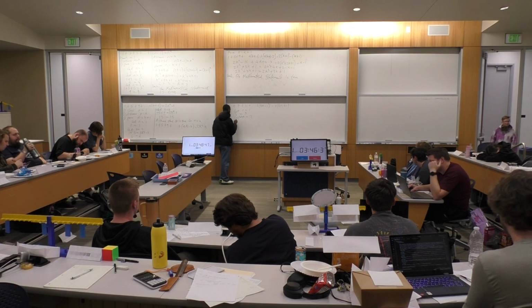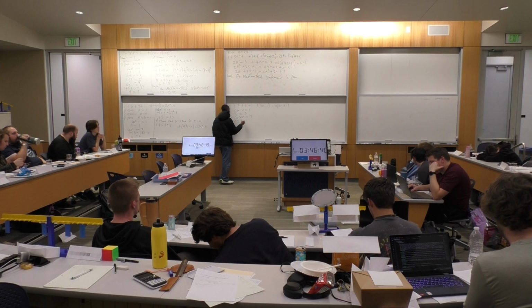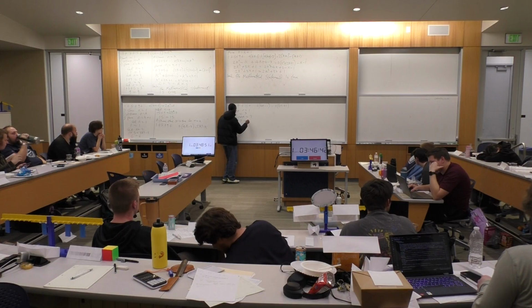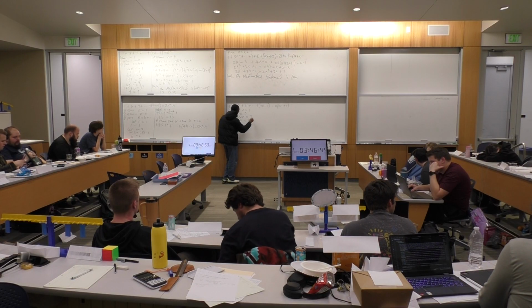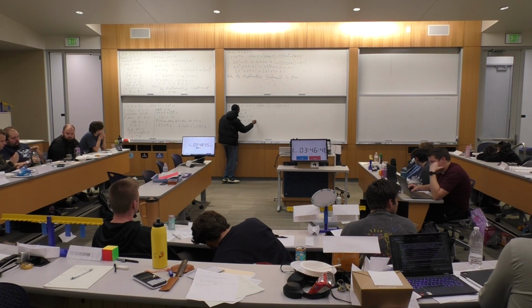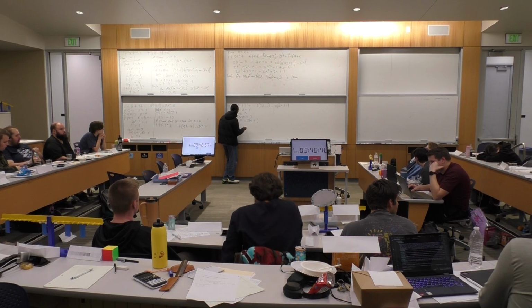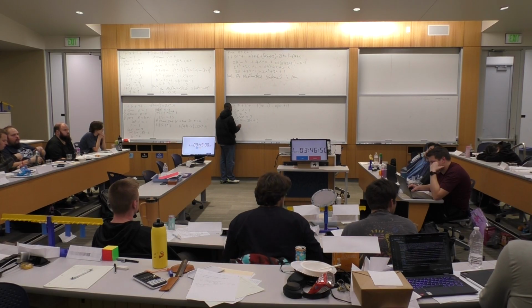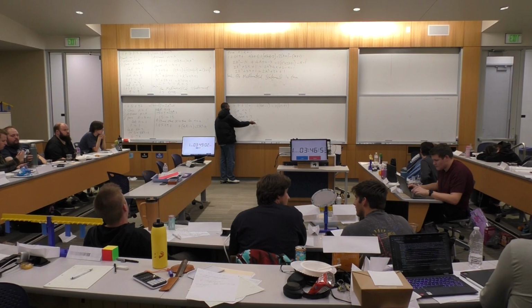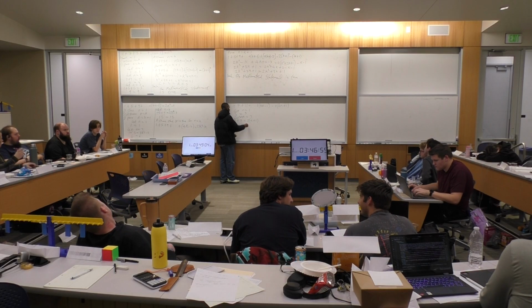Hence, we have 3 plus 7 equals 2 times 2, 4, and then here you have 5 times 2 gives you 10.